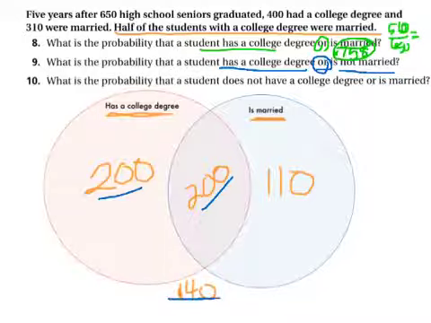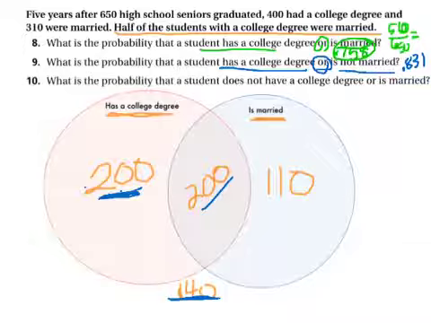We can never count people twice. So these people we've already counted that aren't married. But these people also aren't married, so we have to count them too. So it adds up to 200, 400, 540 people, and 540 out of the total of 650 students is approximately 0.831. So we say 0.831.